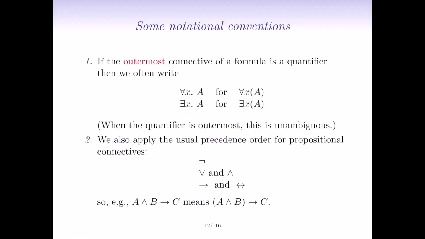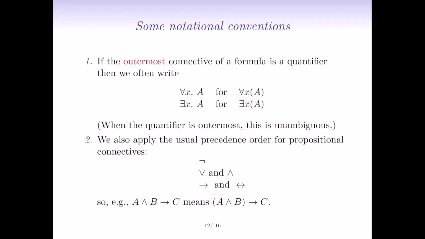So that was the official syntax of formulas, but we also adopt some notational conventions or abbreviations just to try and cut down on notation and brackets. There's 2 points I wanted to mention.